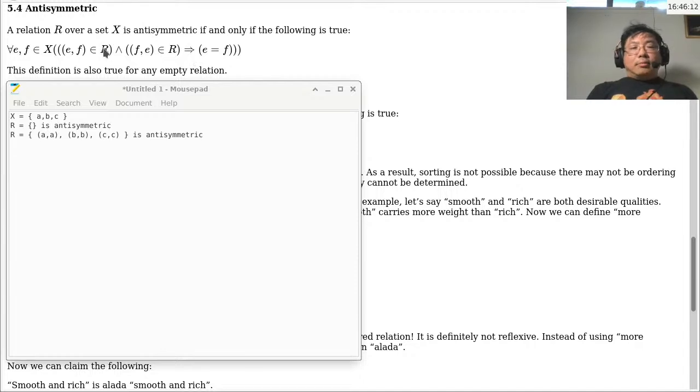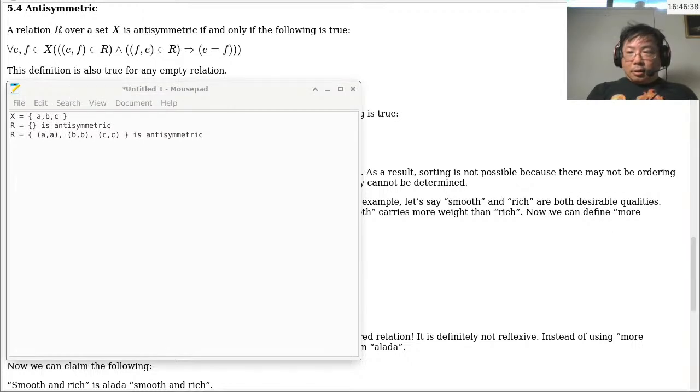The only time the left-hand side can be true in this case is when E and F are the same. So when E and F are both A, then we have (A,A) in R and (A,A) in R, which is true. Does that imply A and A are the same? I would think so, right? Because A is just a particular value. It has to equal itself.